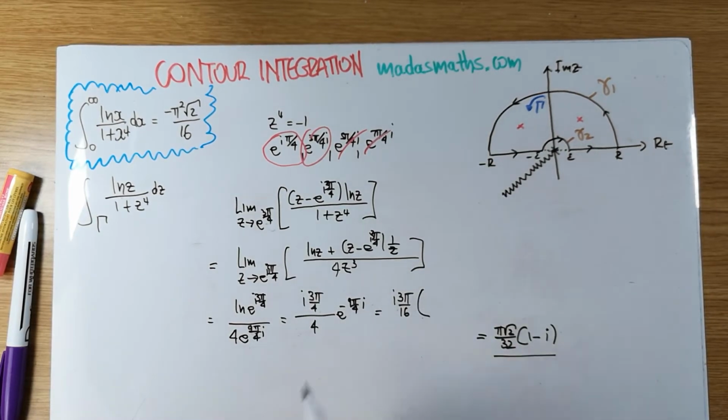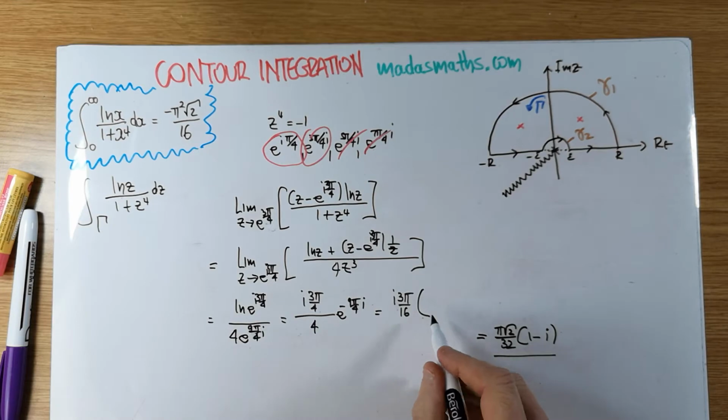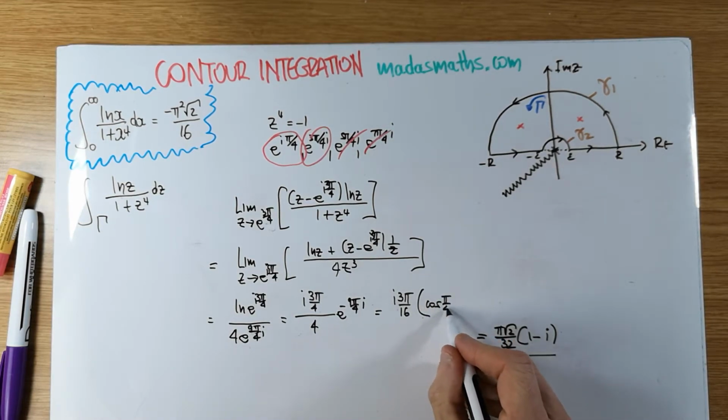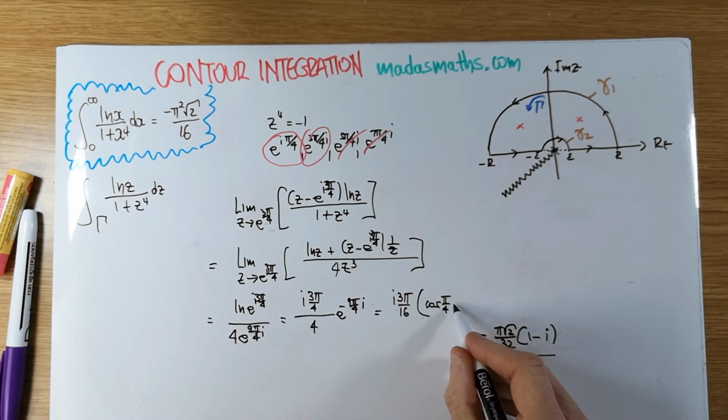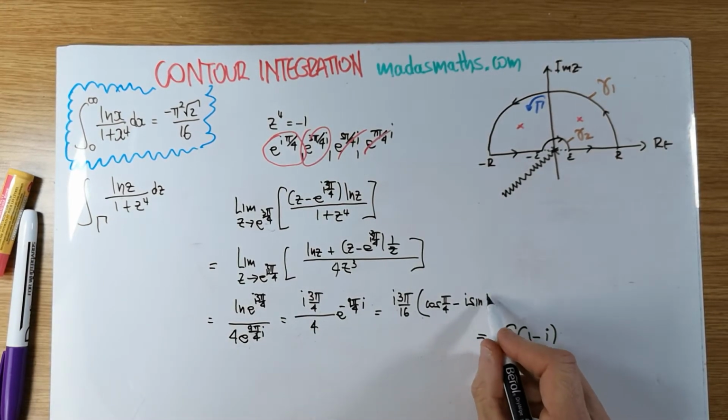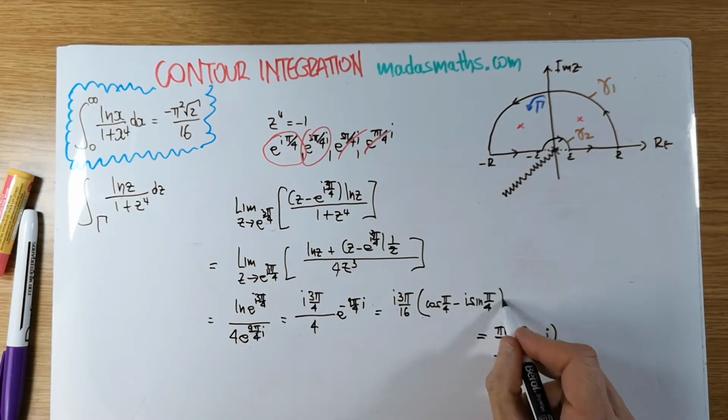And now this, 9 pi over 4, if we add 2 pi to that, it's going to be minus pi over 4. So it's going to be the cos of pi over 4 is still going to be a minus. So it's going to be minus i sine of pi over 4.